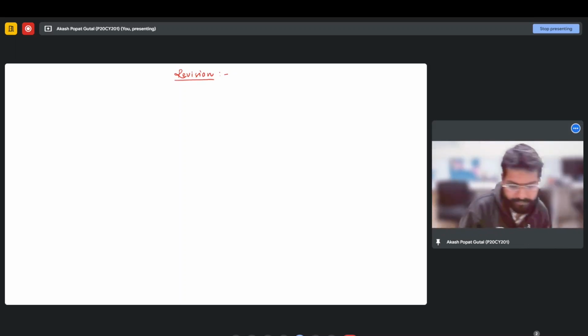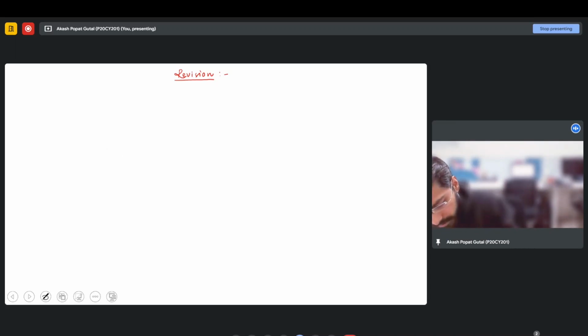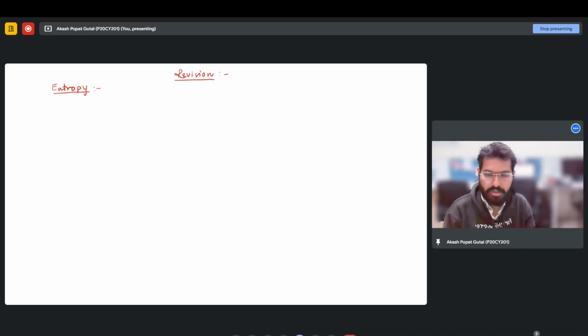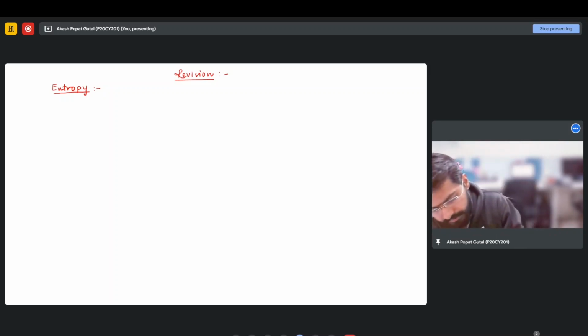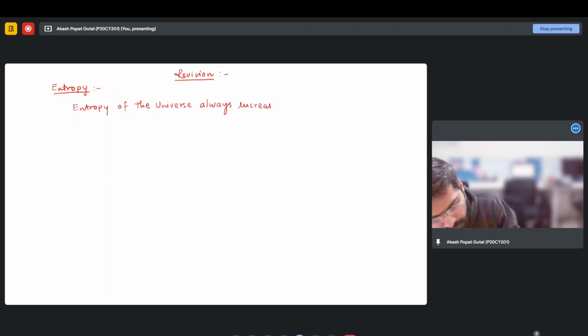We know that we have defined and learned about entropy, and we know the second law of thermodynamics, which is related to entropy, which says that the entropy of the universe always increases for a spontaneous process.